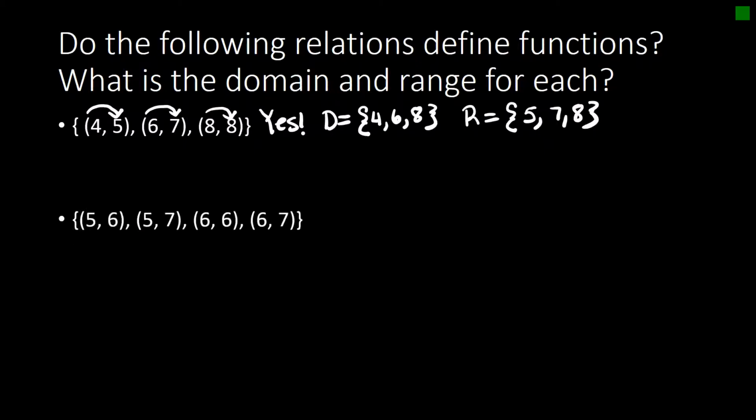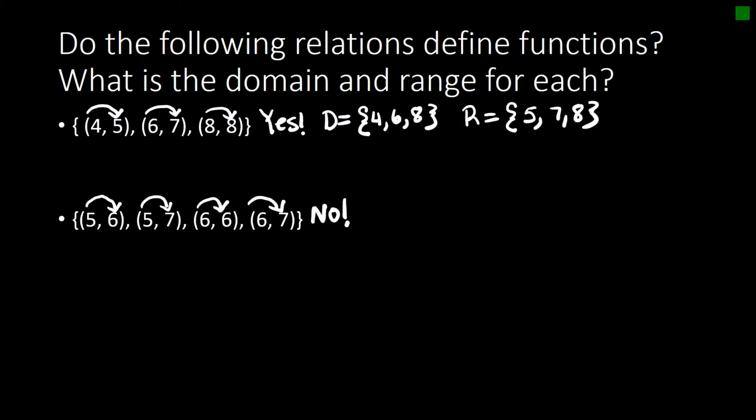Let's look at another one. Here we have a set of ordered pairs where 5 goes to 6 and 5 goes to 7, 6 goes to 6, and 6 goes to 7. Now, does this represent a function? The answer to that, no, it does not, because you have the same x element going to two different y values.